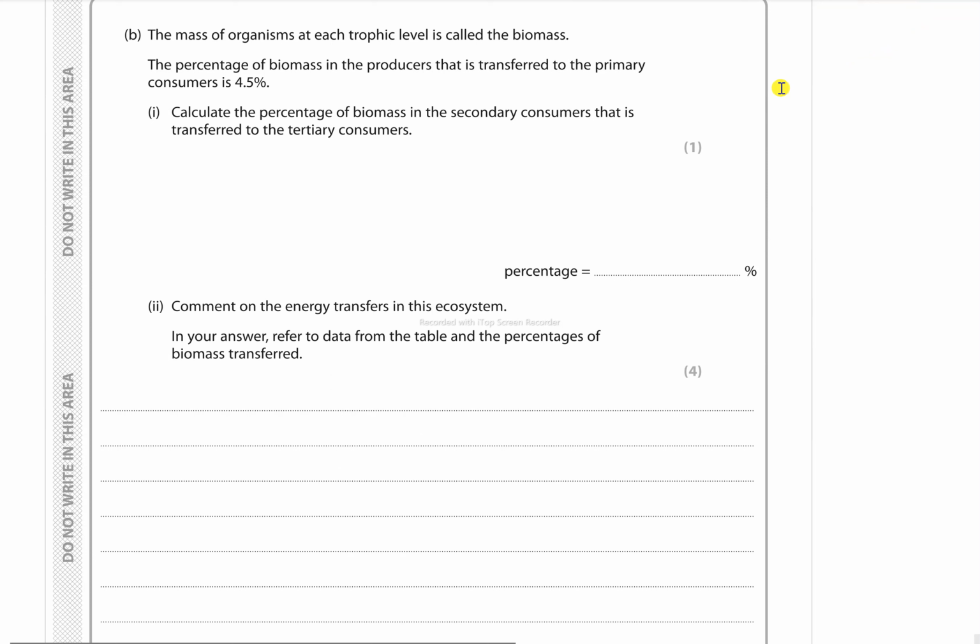Now comes the maths part. The mass of organisms at each energy level is called biomass. So biomass is the total mass of living organisms in the area that you're looking at.